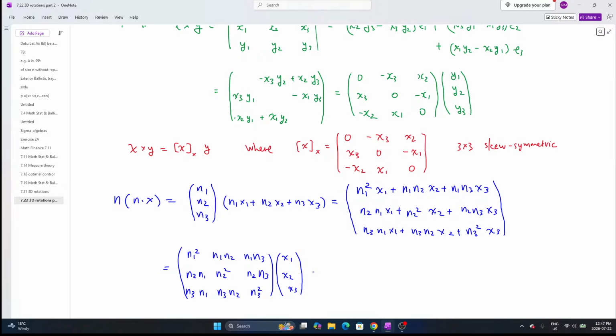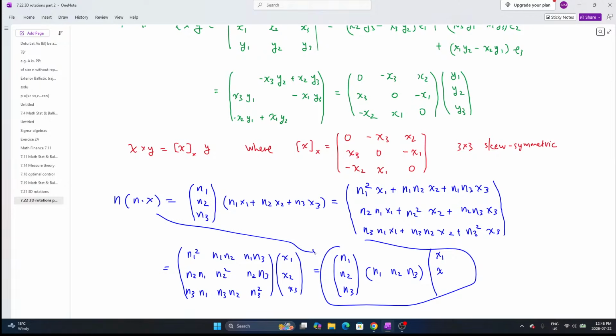But we recognize this is just n times n transpose. In case that's still not clear, this is the column vector n1, n2, n3 times the row vector n transpose. Actually, if I had done this from the beginning, this would have been immediately obvious.